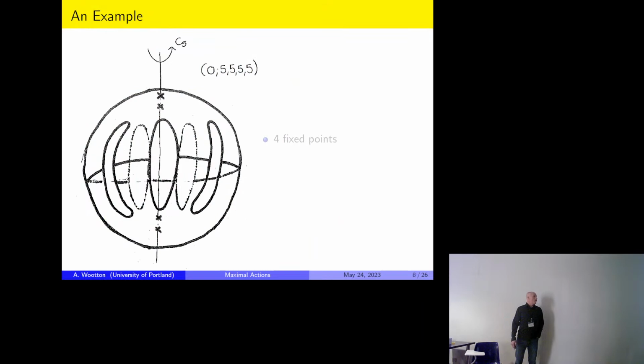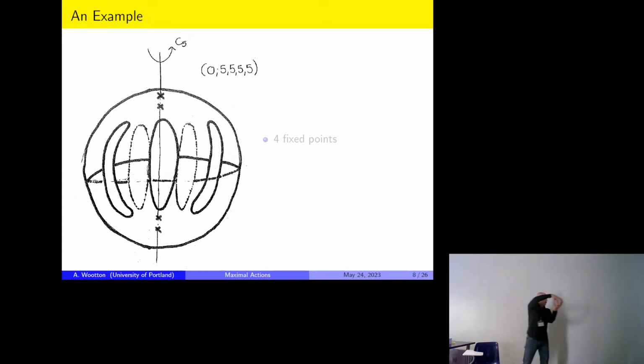Okay, so going back to my first example here, I'm ignoring the cyclic 2, but I can derive the signature for this particular action. So again, I have my surface like this, with my axes piercing through the surface. There are 4 fixed points, so that gives me 4 of these number 5s at the end of the signature. And then how do I get the quotient genus?